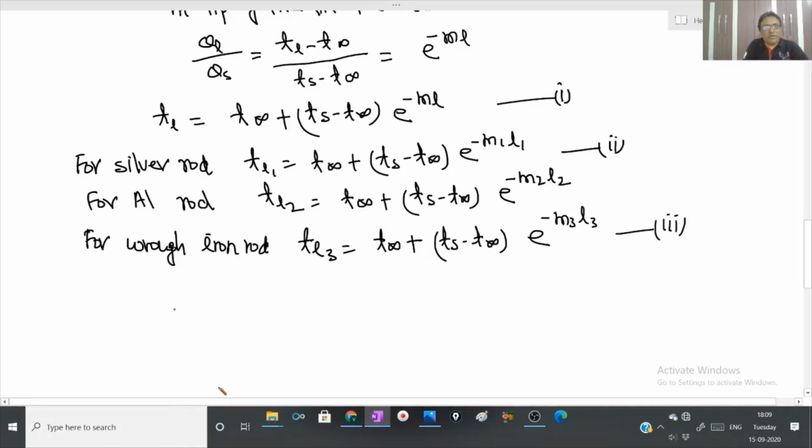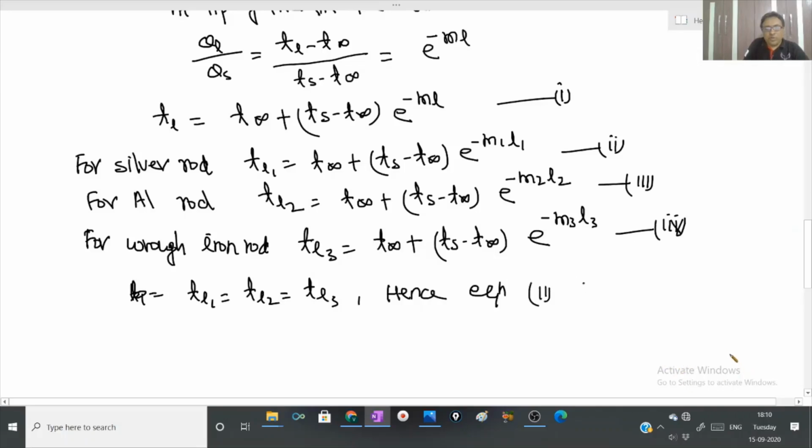Now TL1 will be equal to TL2 is equal to TL3. All the rods' temperatures are supposed to be same. Sorry, this is equation 3 and this is equation 4.